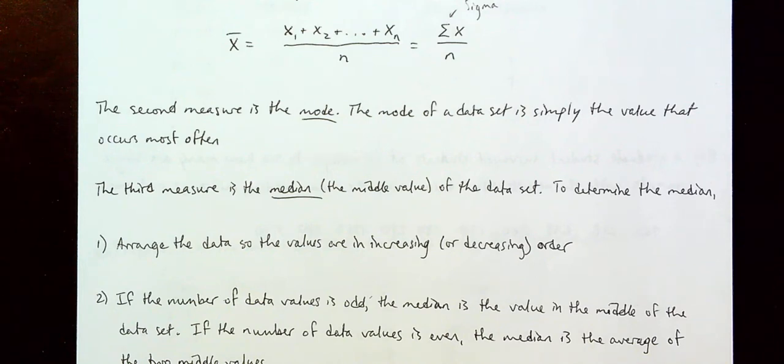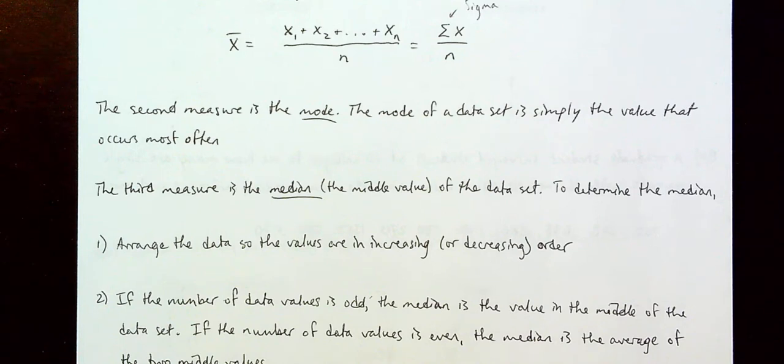There's a straightforward two-step process that I highly recommend that you use to determine the median. In fact, it's so highly recommended that it's basically required. First, you are going to rearrange the data so that the values are in increasing order or in decreasing order.